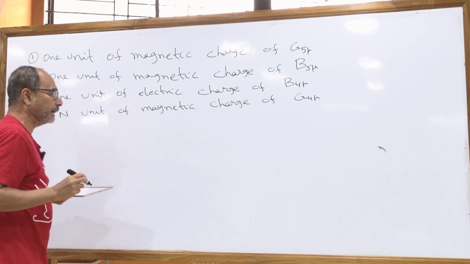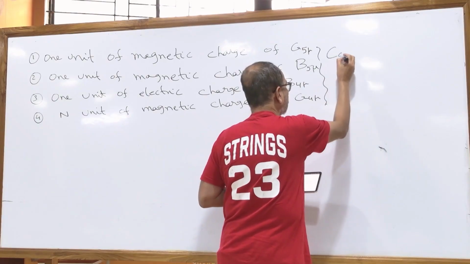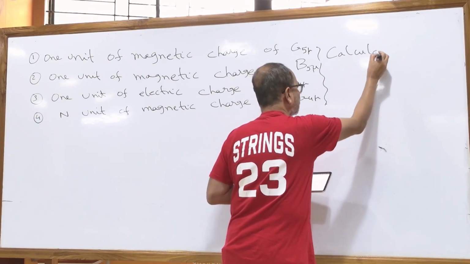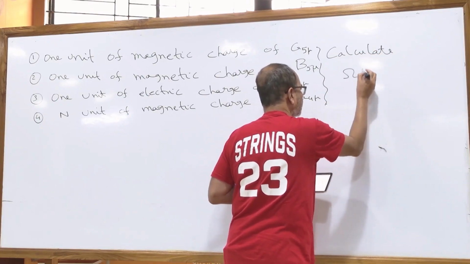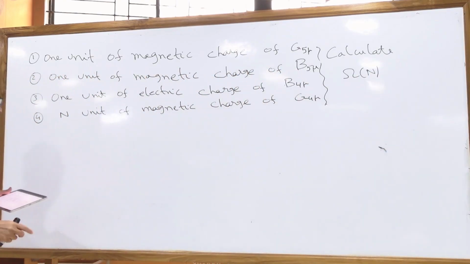And the goal is to calculate omega n. Here it's a function of a single variable because there is only a single charge that we are taking to be variable. And again, this is a system for which at some point in the moduli space you get a black hole. That is the reason why we want to count states of this kind.